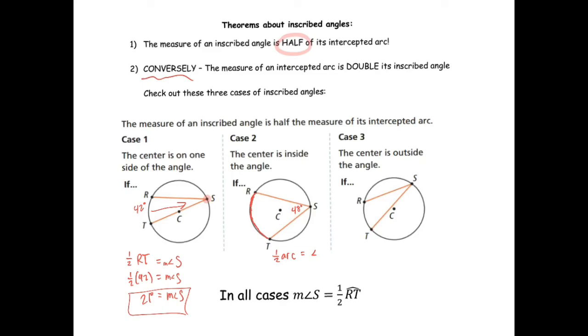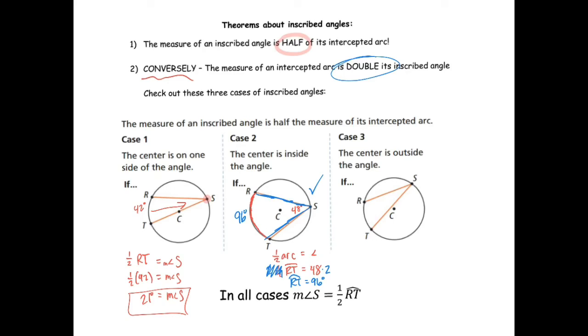So half of RT is equal to 48. If I want to do algebra here, I could just multiply by 2 and know that RT, that arc, is equal to 48 times 2, 96 degrees. And you can check your work by saying, hey, is the angle half of the arc? Yes, it is. So that's the converse, where the arc is double.